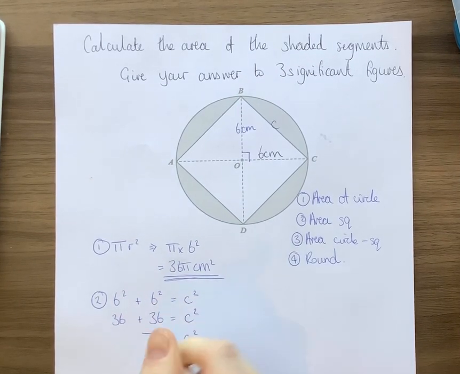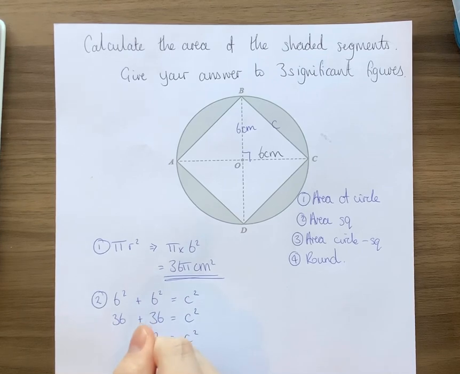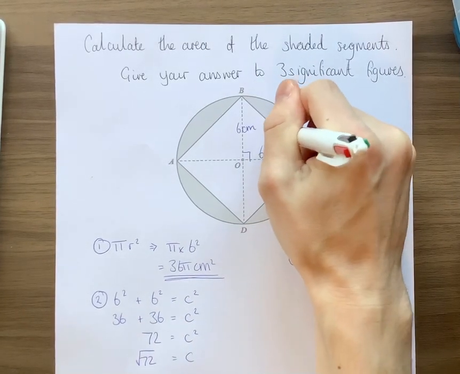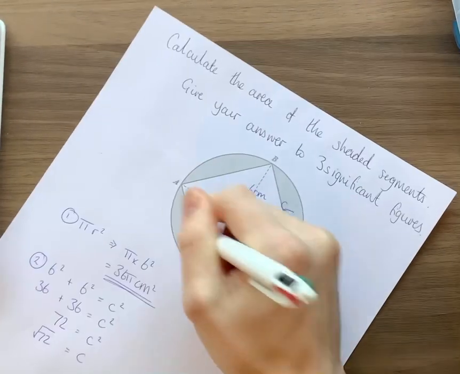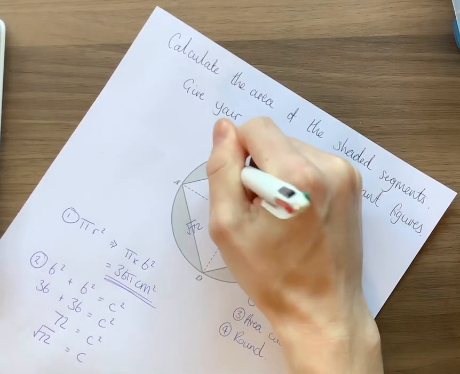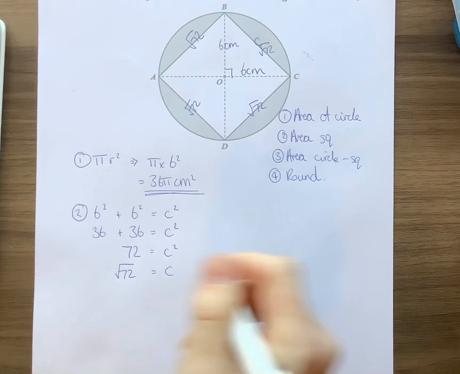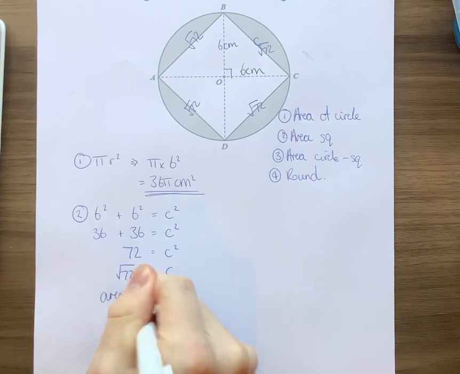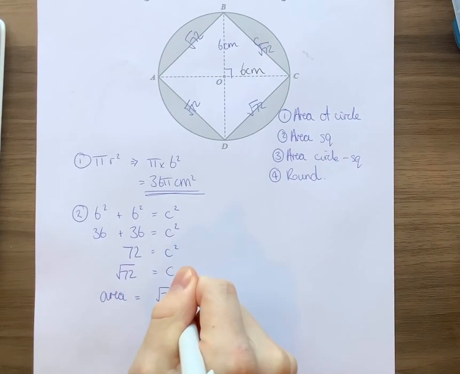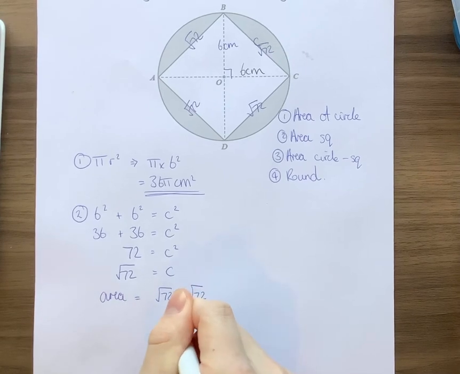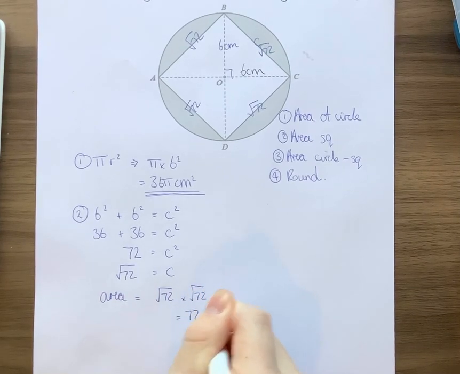So c squared in this case is 72, with c being root 72. So within this square, the base and height are both root 72, which means the area is root 72 times root 72, which is 72.